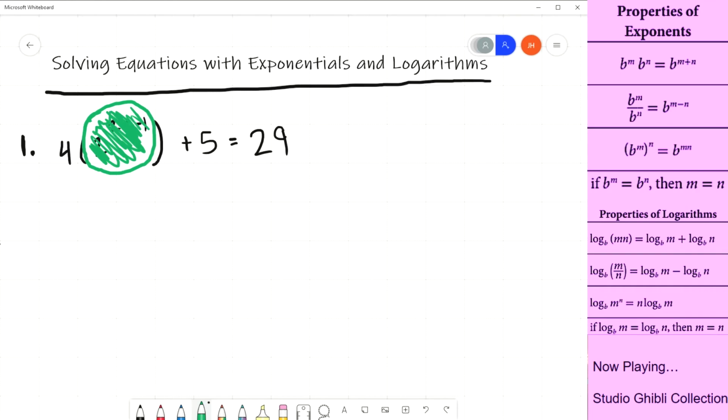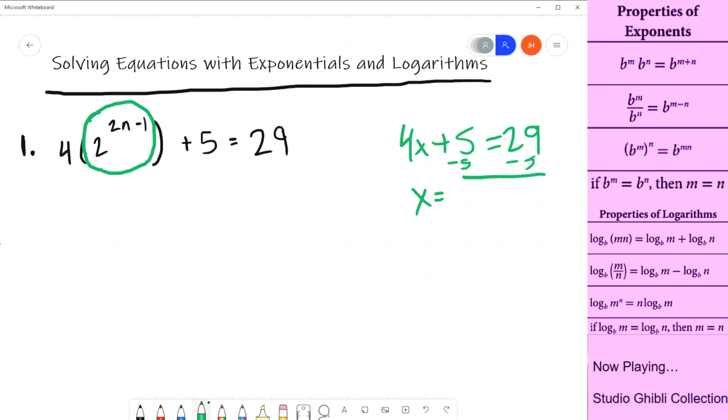If I had 4 times something plus 5 equals 29, y'all can solve that real easy, right? If I had 4x plus 5 equals 29, y'all can solve that extremely easy. You'd end up getting that x equals, we subtract 5, get 24, divide both sides by 4, you'd get x equals 6, right?